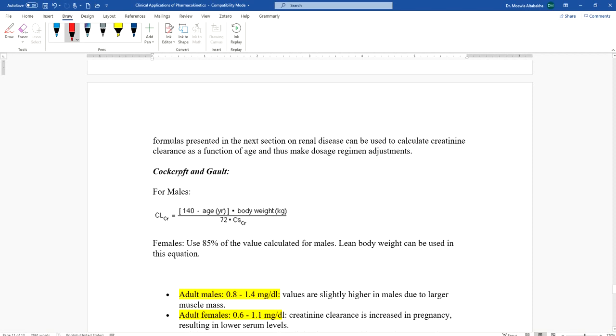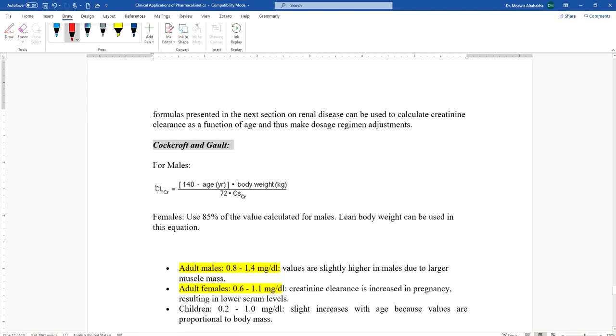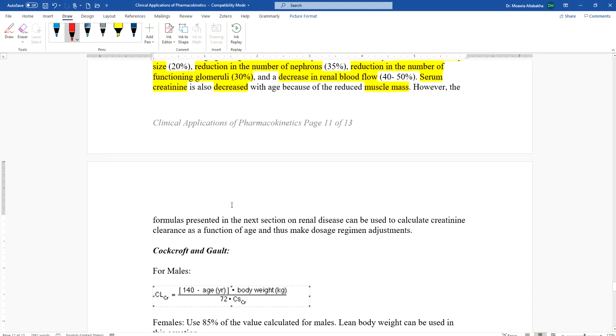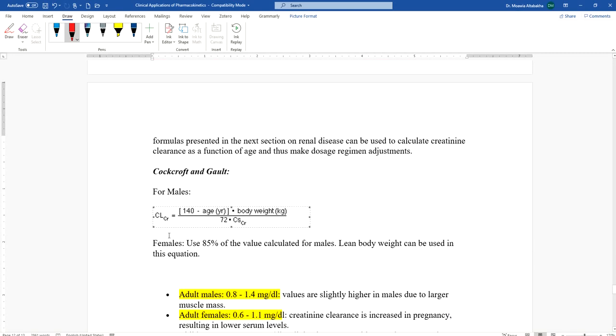Now, one of the most used equations for adults aged 18 or above is the Cockcroft and Gault equation, which allows you to calculate creatinine clearance. And remember why we need to know creatinine clearance. Of course, because we can link that to the clearance of the drug.